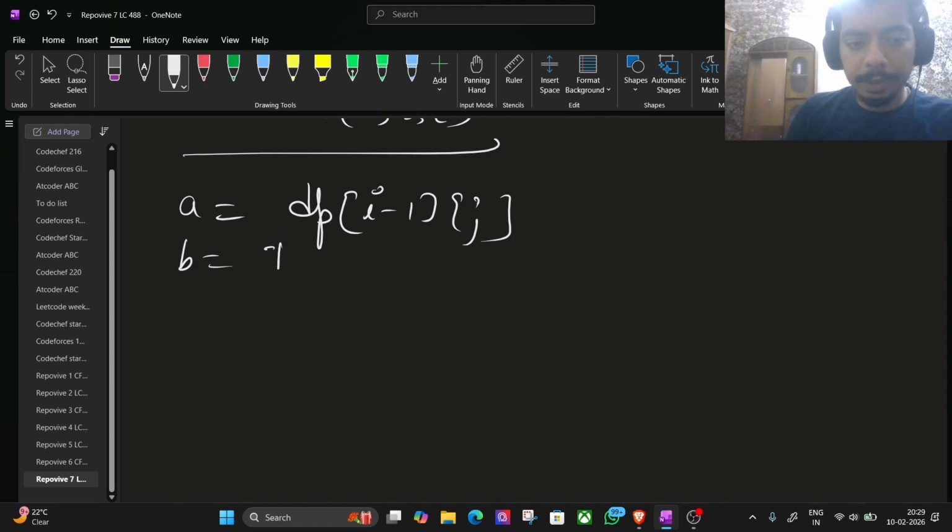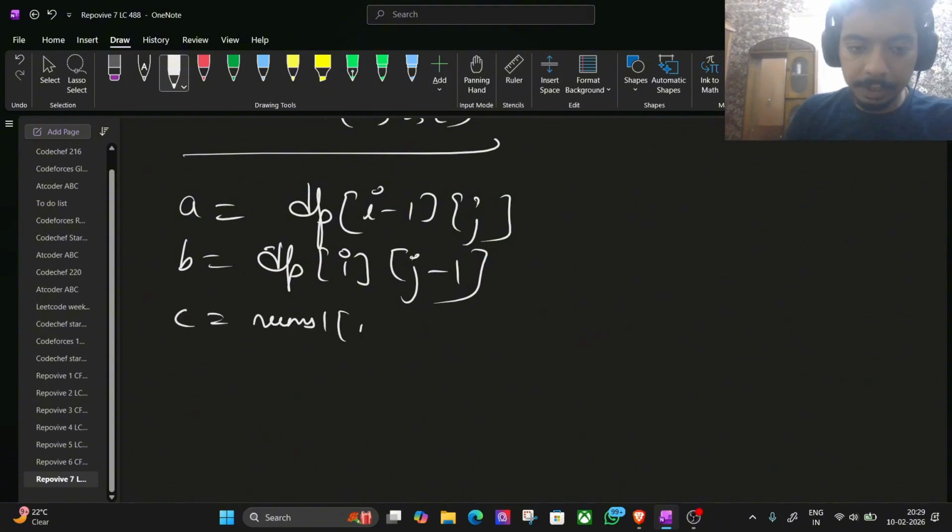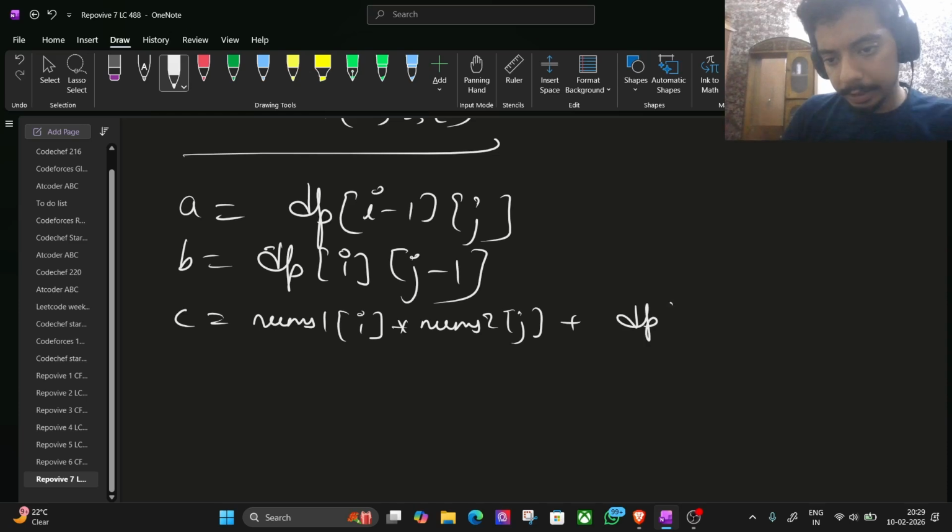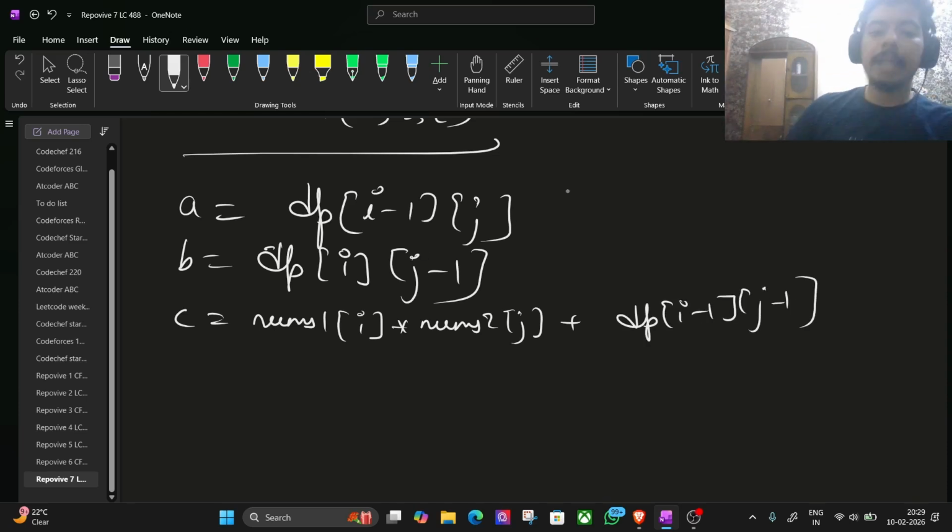The B call will be dp of I, j minus 1, and your C call will be your multiplication first, nums1 I multiplied by nums2 j, then addition of dp I minus 1, j minus 1. So this is the basic idea of conversion of recursive calls into transition states of dp. These three are my transition states.